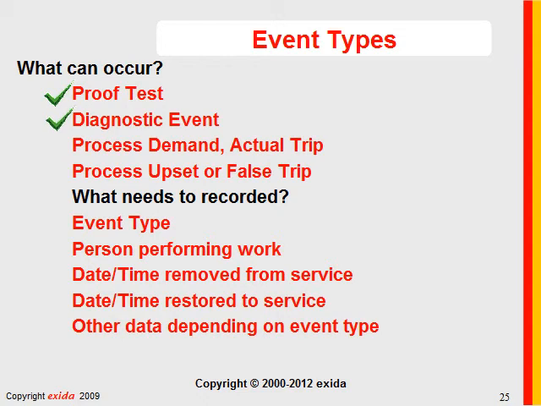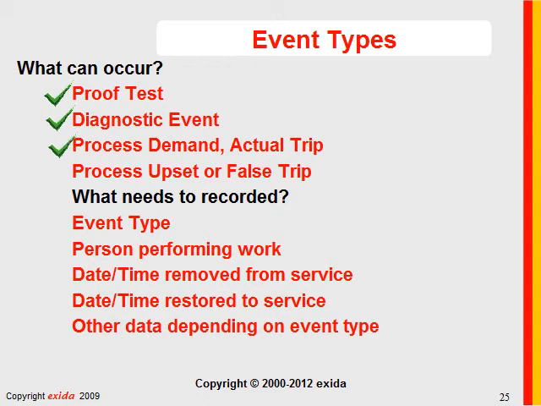A diagnostic event. What if an automatic diagnostic in a pressure transmitter or a logic solver or even a partial stroke valve test indicates a failure? Well, we need to record those also. That's kind of like an automatic proof test.